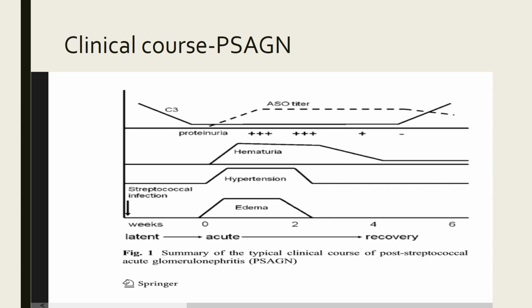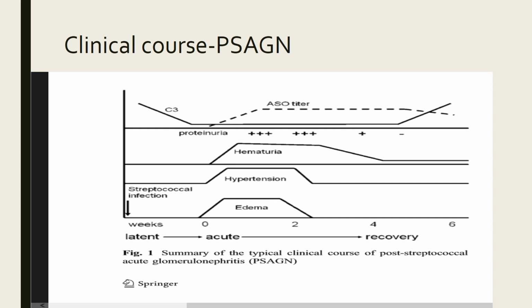We can see that the latency period is indicated there, and it varies depending on whether the preceding infection was the throat or the skin. Edema, hypertension, and hematuria tend to occur at the same time. They last for about 2 weeks. After that, we see that there's recovery.